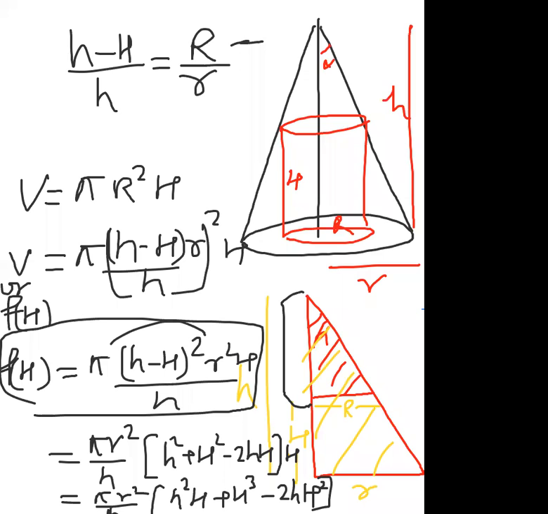This we are taking to the next slide. This will make it a little faster, I suppose. So V(H) is equal to pi r square upon h square times (h minus H) whole square into H.